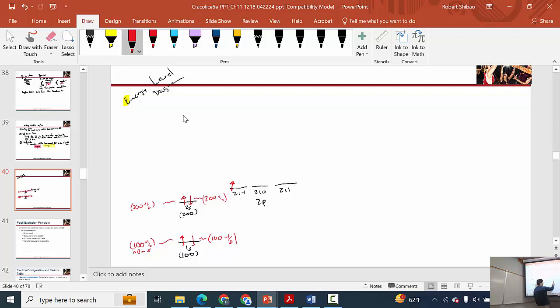Or I could have put it here. It would have been 2, 1, 0 plus 1/2, or I could have put it here, 2, 1, 1 plus 1/2, or I could have flipped it. If I flipped it, it would be 2, 1, negative 1, negative 1/2, or whichever. It doesn't matter. I'll just go left to right since we're used to that. And I'll just spin up because it seems to make sense. And so what are the quantum numbers for this electron? 2, 1, negative 1, that's its orbital. And then it's plus 1/2, that's its spin.